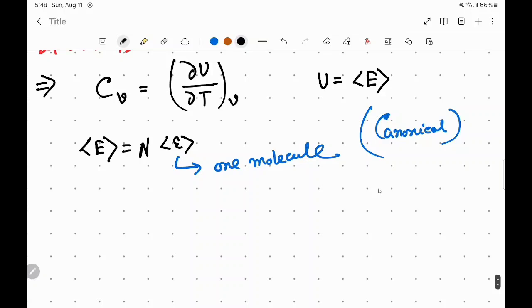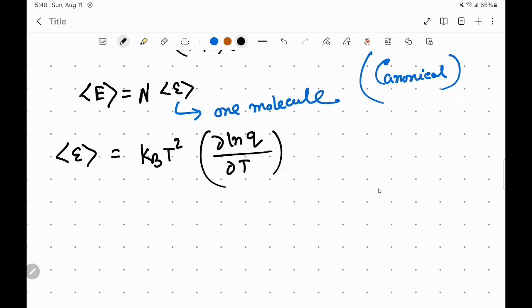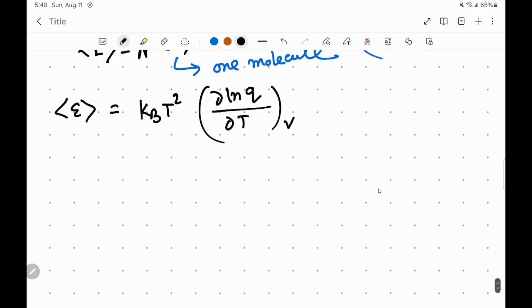Here N is fixed. So for one molecule, you know the average energy is k_B T squared times d ln q by dT.